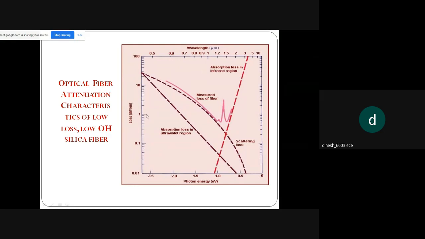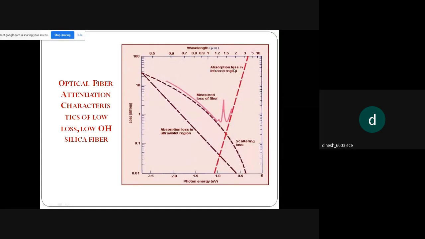Then losses from 0.01 to 100, and the photon energy from 2.5 to 0. Photon energy is what? The light propagates in terms of photons of energies, or bundles of packets of energy called photons.